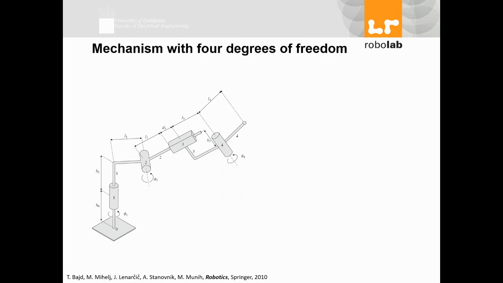I want feedback from you, please. If I ask you right now, start to write the homogeneous matrix relating the base to this point, in the scale of 1 to 10, how easy or difficult is it? No feedback?